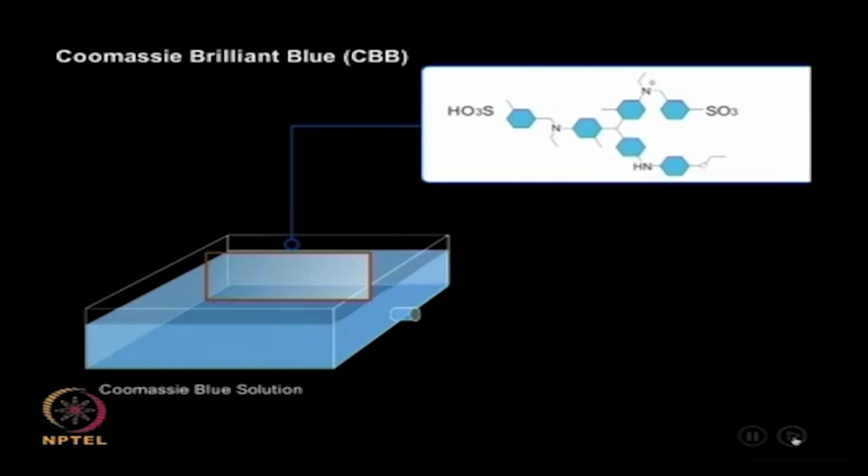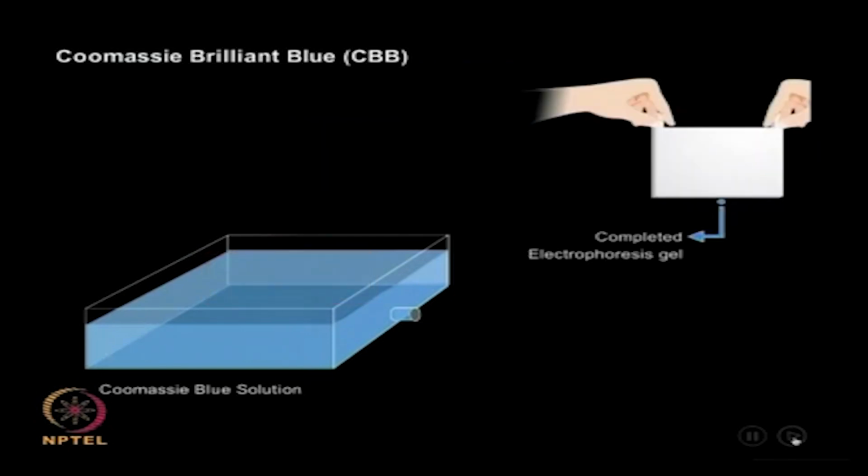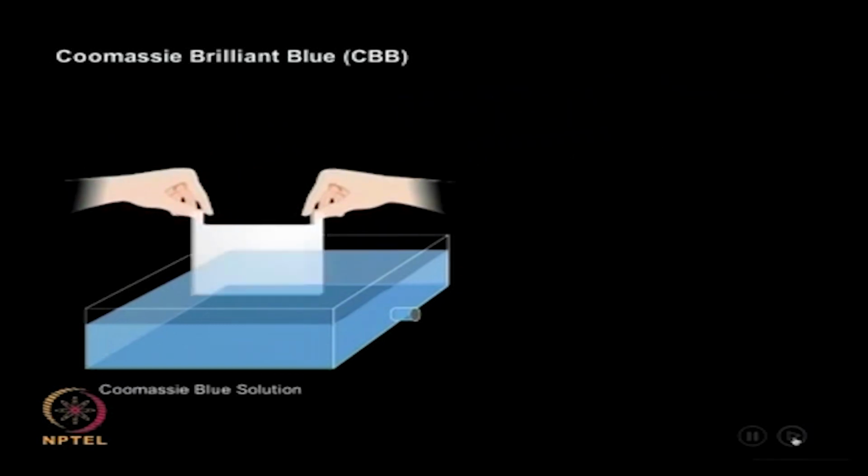The negatively charged Coomassie dye interacts with protein through ionic and non-covalent interactions.